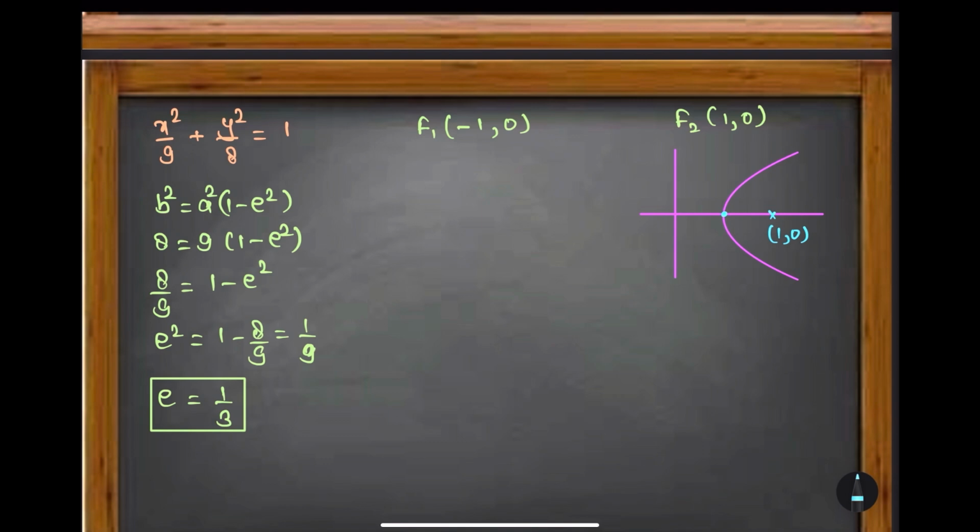So at the same distance on the other side we will have the directrix: x equals minus 1, or x plus 1 equals 0. We want the equation of the parabola, so we imagine a point P (h, k) on the parabola. This is S. You know that in the case of a parabola, PS is equal to PM. Correct? So can I say that PS will be equal to PM?